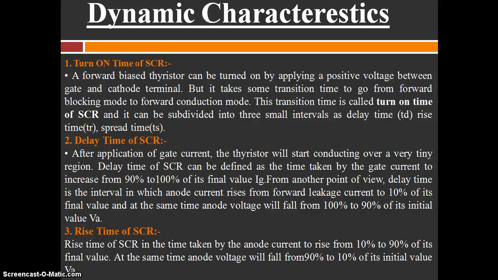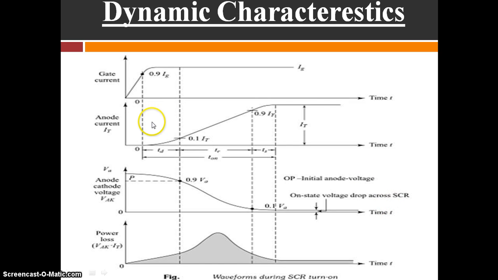At the same time the anode voltage falls from 100% to 90% of its initial value. That is the delay time, and the power loss increases from 0 to this point.